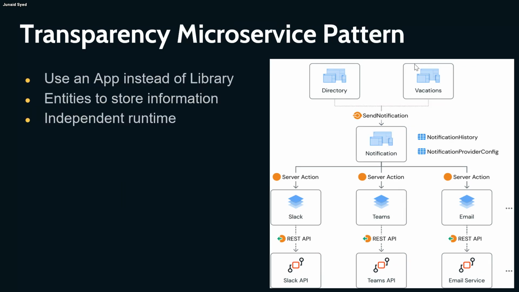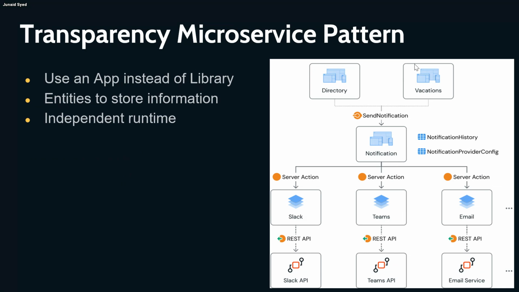Now there is another thing we are calling the transparency microservices pattern. It is the same thing as we had in the previous slide. Again, the same directory application, the vacation application, and then the same integration with Slack, Teams, and email. But the change we see here is that the notification layer has been changed from a library to an application.